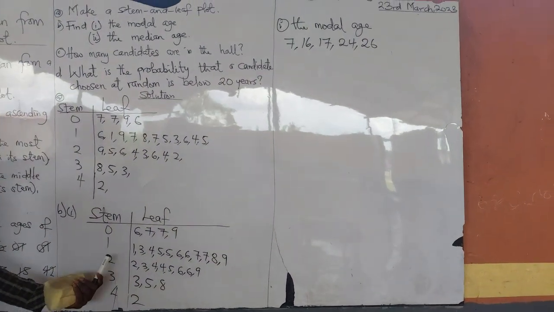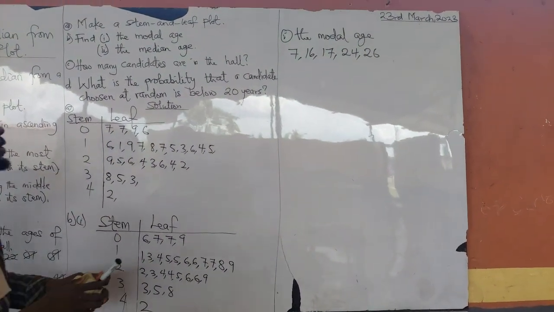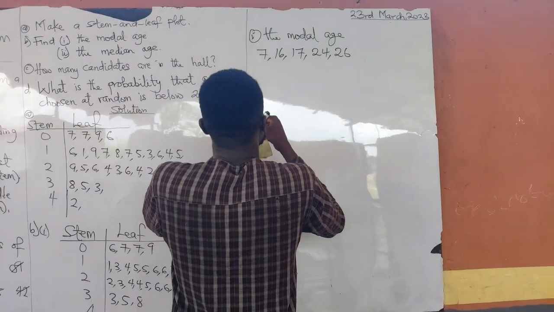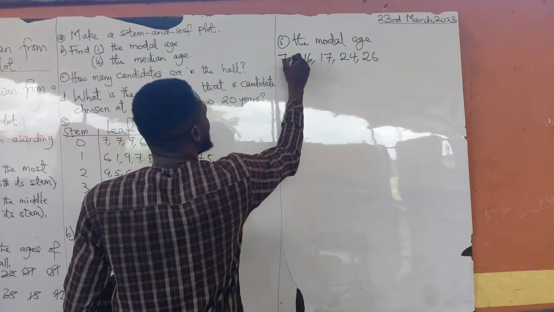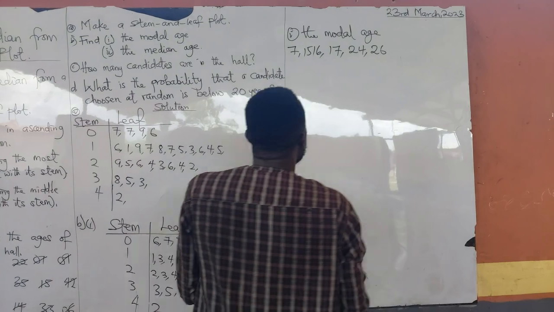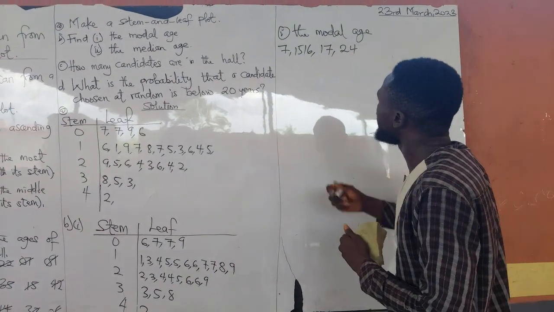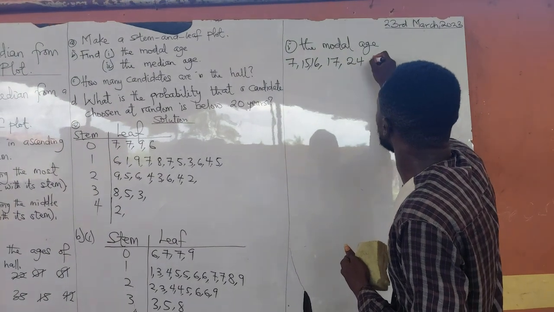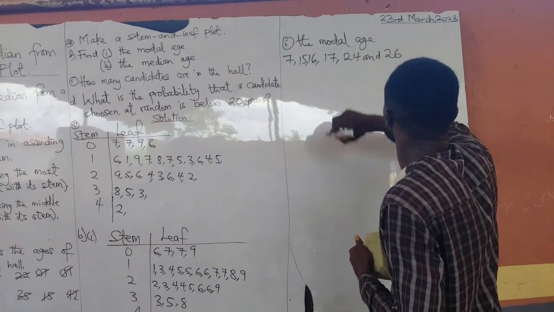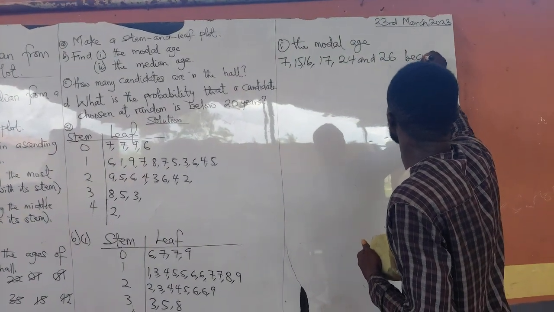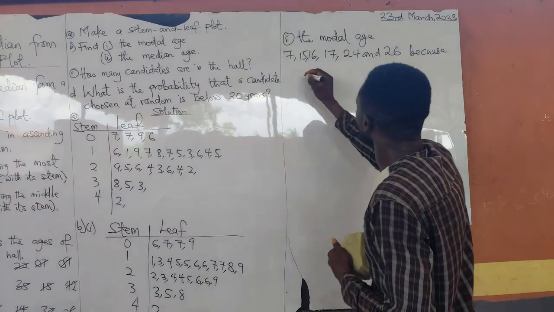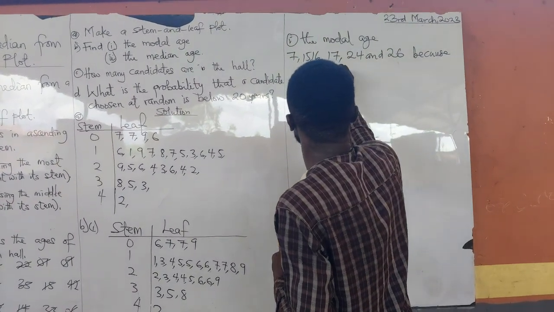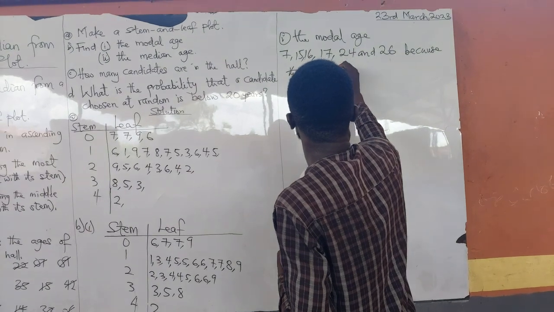So the mode are 7, 15, 16, 17, 24, and 26 because they occur most.